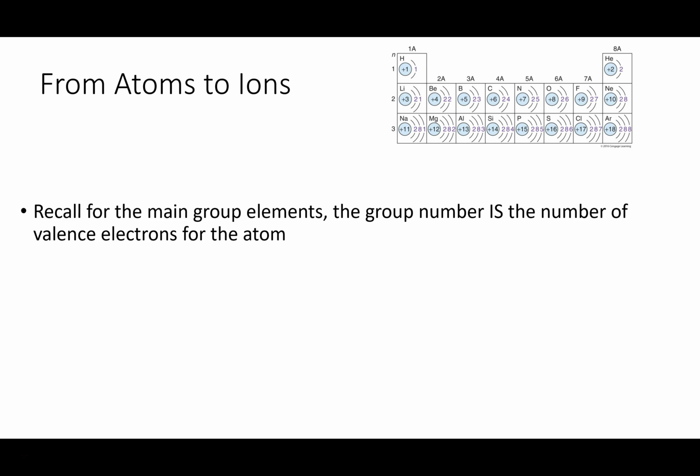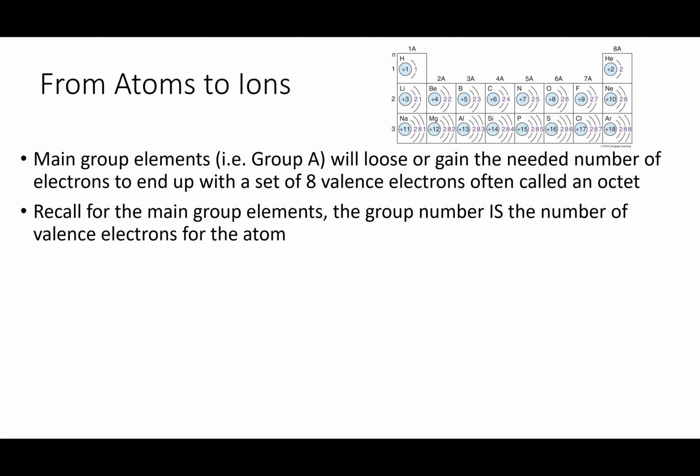We talked about the group number being the number of valence electrons in an element in that group. So boron has 3A, 3 valence electrons, and aluminum, they both have 3 valence electrons.